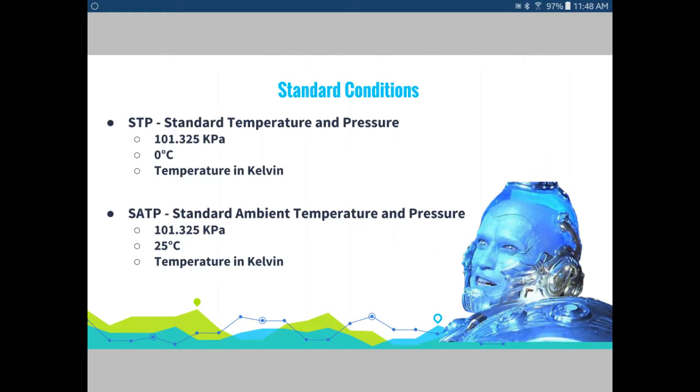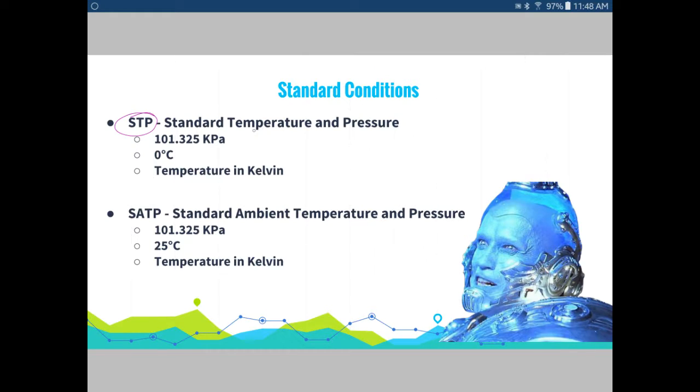Initially, in a lab setting, we had what we called standard temperature and pressure conditions, which we identified as STP. Our initial pressure was 101.325 kilopascals, or one atmospheric pressure.